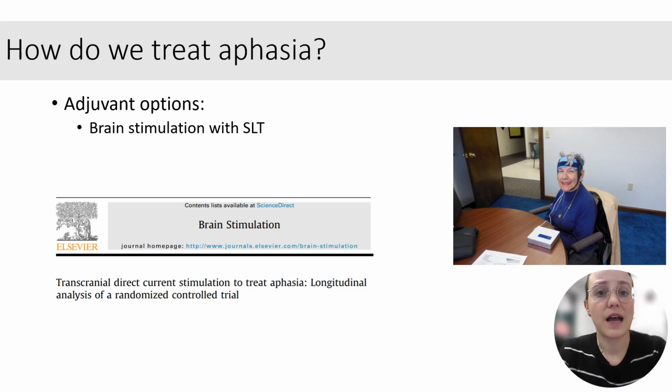And the idea is that this low-level electrical current changes the threshold of the neuron so that it fires a little bit easier, it lowers the threshold of neuron firing, and it's thought to improve learning because of that. So it will help neurons fire a little bit more, a little earlier, let's say.